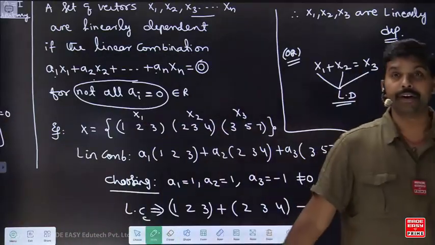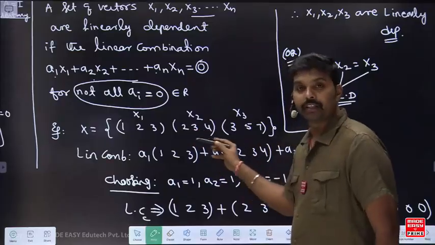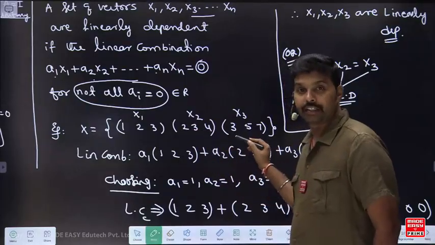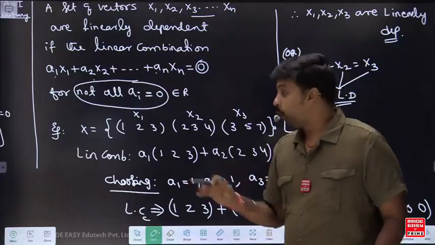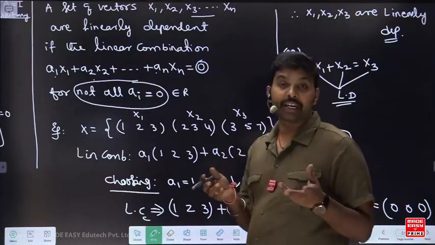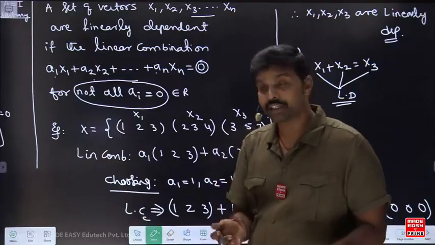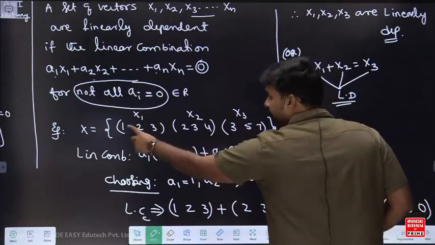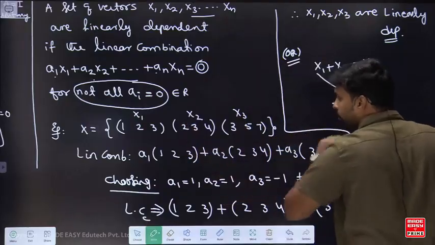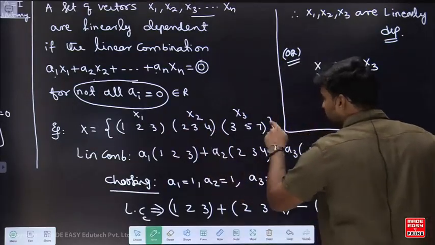Now you can see that there are three vectors in it. Whether these three vectors are linearly dependent or not, clearly by observation it is very clear that 1 plus 2 is giving you 3, 2 plus 3 is giving you 5, 3 plus 4 is giving you 7.